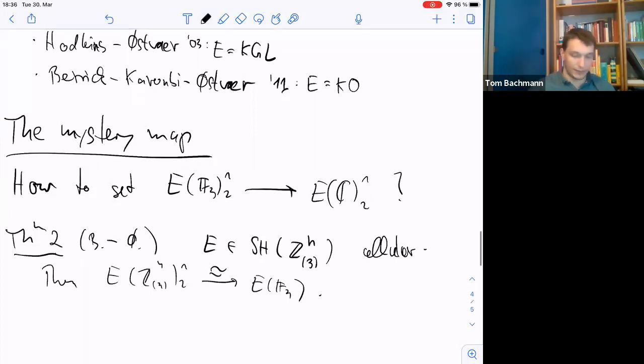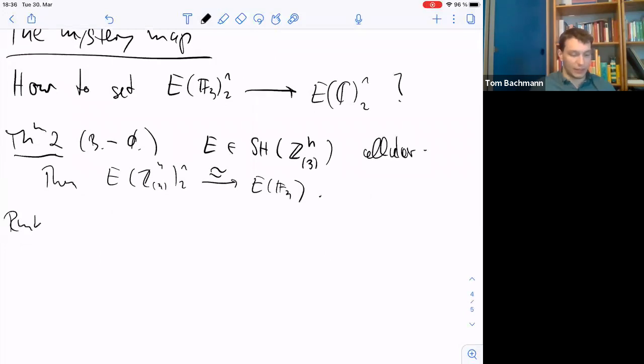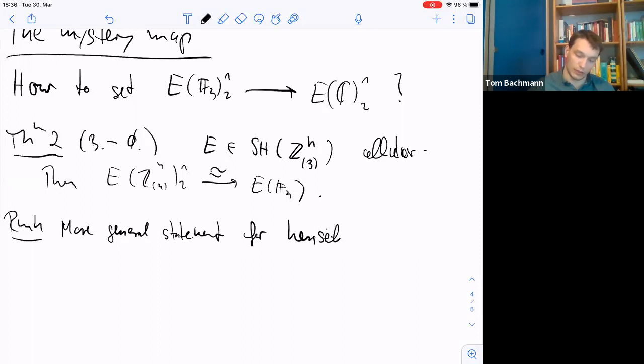All right. Obviously, there's a more general statement for Henselian local rings. But you need some assumptions on them. I don't know if they're necessary, but with the techniques that we use, you need the following assumption. I need it to be essentially smooth over a Dedekind scheme.